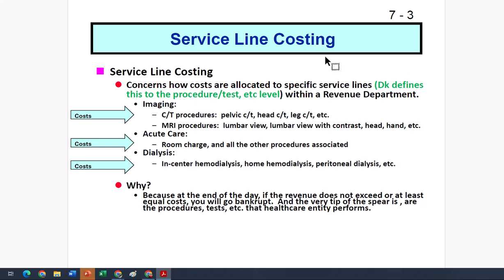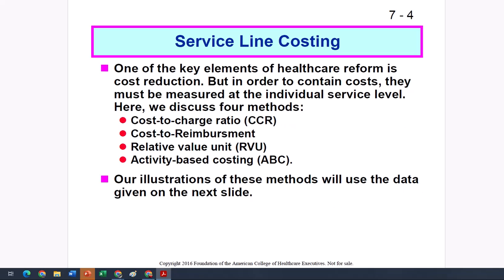And knowing your costs and evaluating your costs and benchmarking your costs against other institutions, industry standards to lower them. Okay, so cost reduction, compete, key component of healthcare reform.